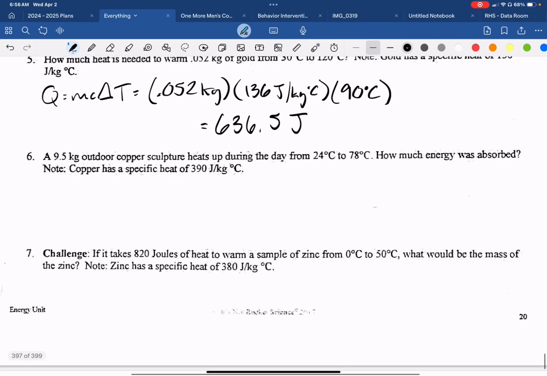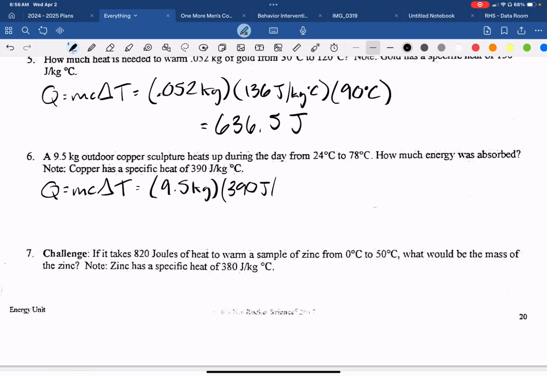All right. Number 6, same situation. Nothing really different. Here your mass of your copper, this time it's copper, is 9.5 kilograms. The specific heat of copper is 390 joules per kilogram degrees Celsius, and the change in temperature is 54 degrees Celsius.